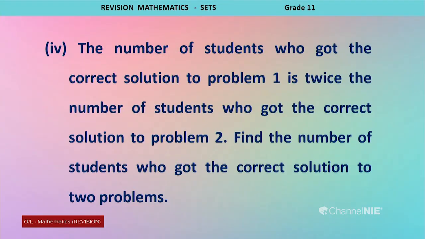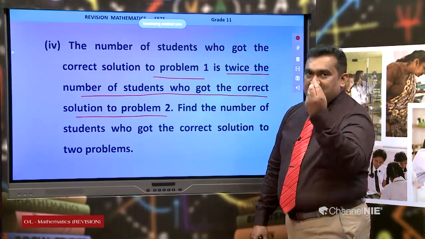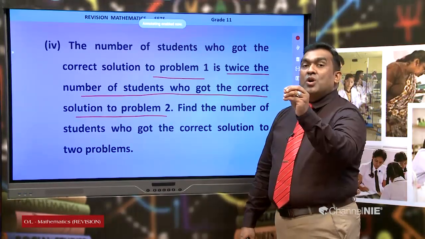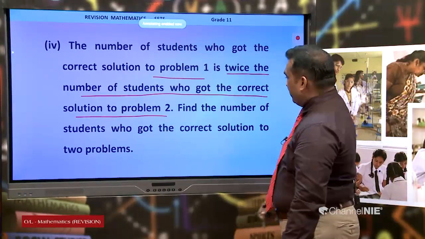The number of students who got the correct solution to problem 1 is twice the number of students who got the correct solution to problem 2. Is means equal, twice. First set is equal to twice of second set, right?